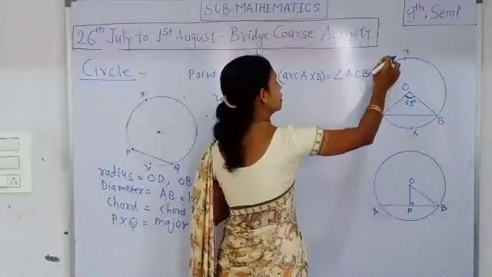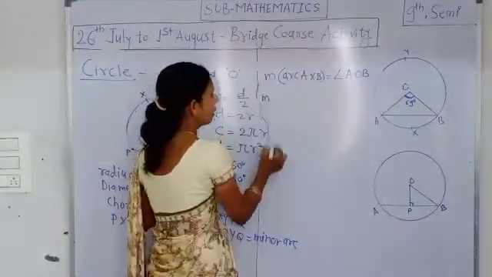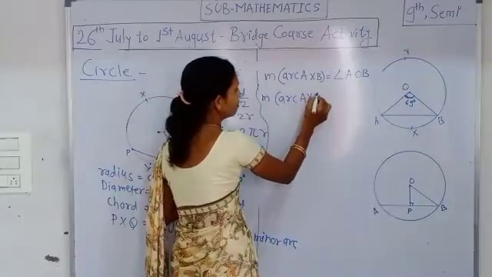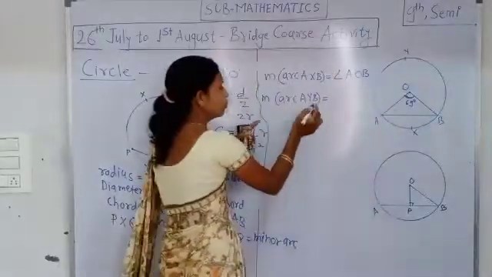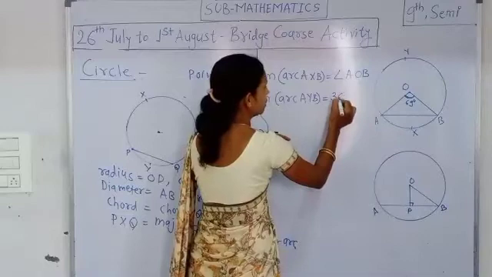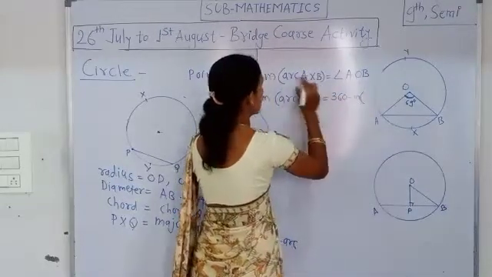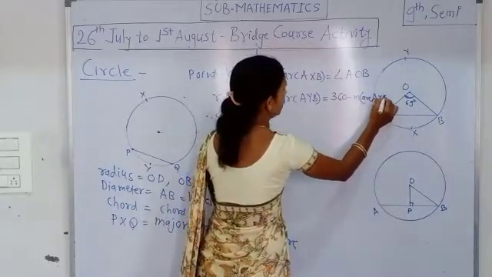Then here, the measure of arc AYB is a major arc, and we can calculate the measurement of that major arc by 360 minus the measure of minor arc AXB.